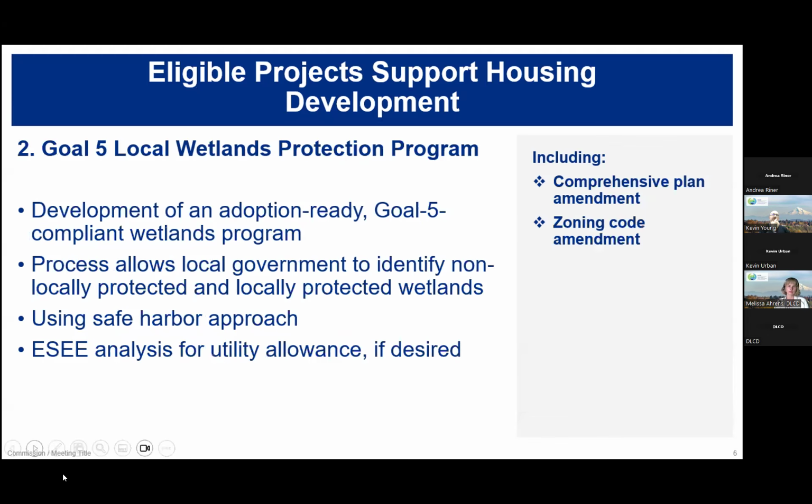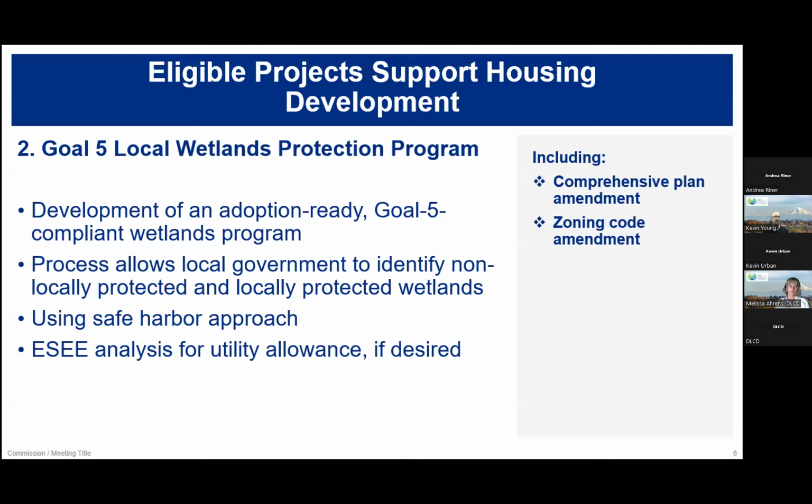Next slide, please. All right, so the next bucket is the Goal 5 Wetland Protection Program. That follows, or is basically included, when a local government adopts a local wetland inventory. That inventory is the inventory part of the Goal 5 process. Adopting the program to protect significant resources is the other part of that.